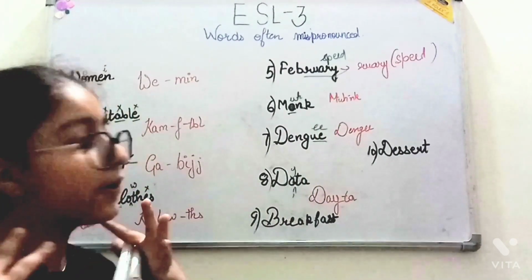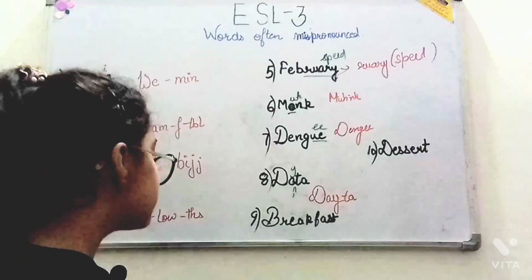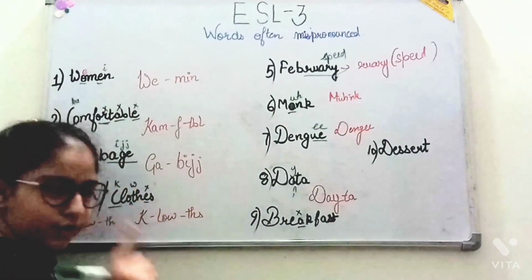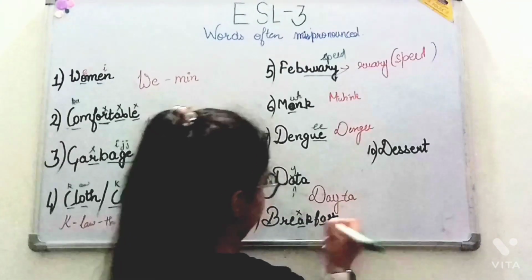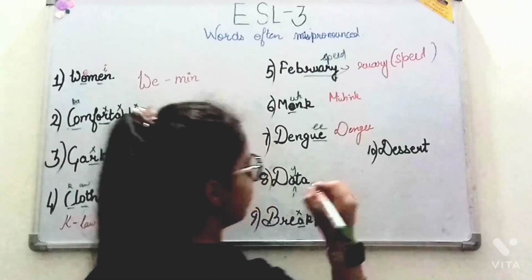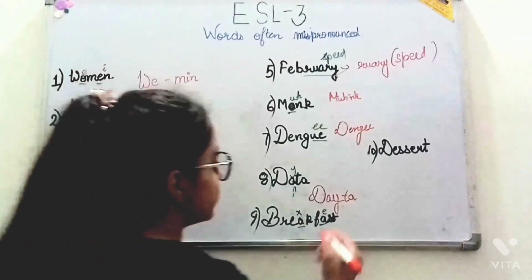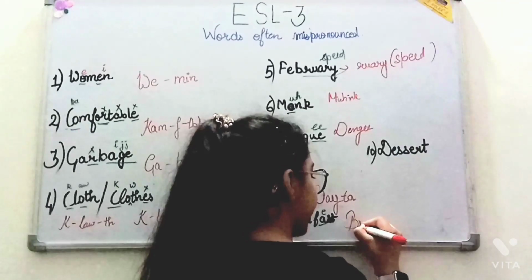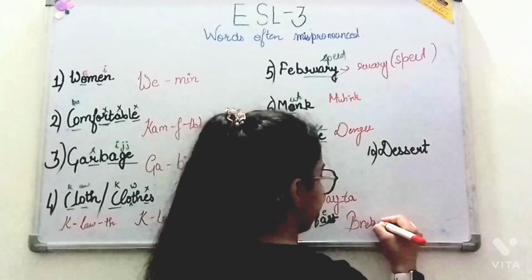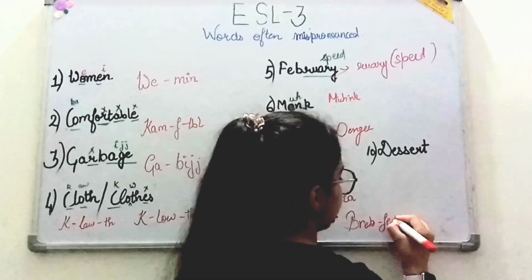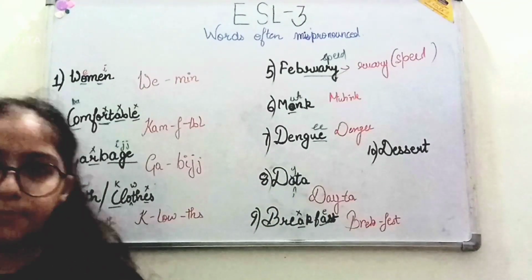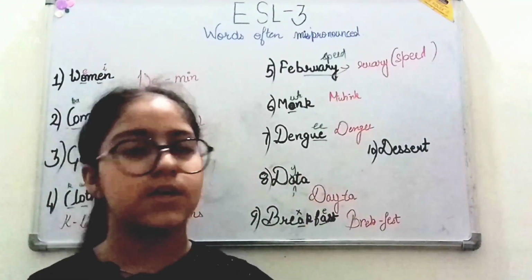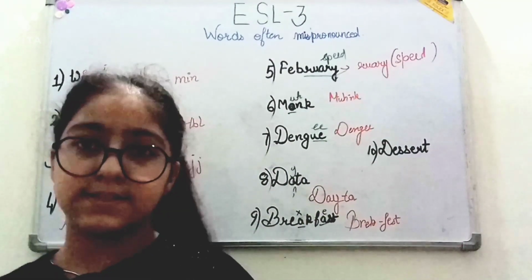It is not the correct pronunciation because there's no A sound while pronouncing it, and instead of A we use E. So it is break, then fast. We call it breakfast.